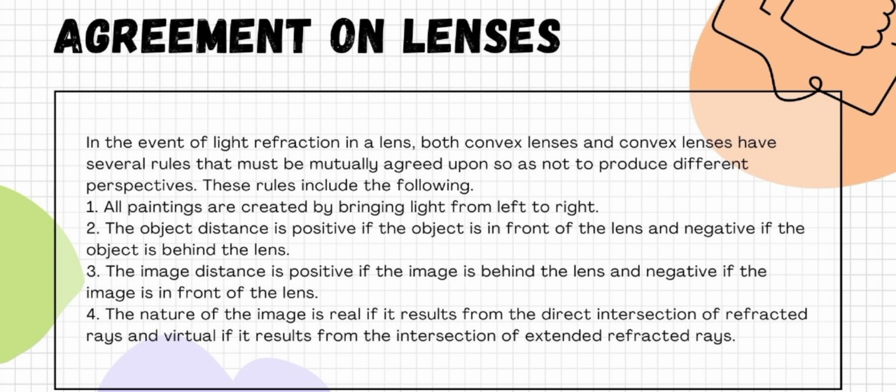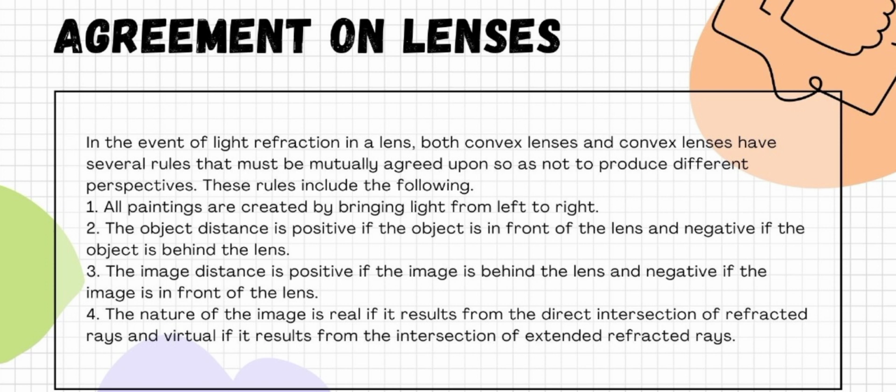Then, the sign conventions on lenses. In the event of light refraction in a lens, both convex lenses and concave lenses have several rules that must be mutually agreed upon so as not to produce different perspectives. These rules include the following. Number 1. All drawings are created by bringing light from left to right. Number 2. The object distance is positive if the object is in front of the lens and negative if the object is behind the lens.